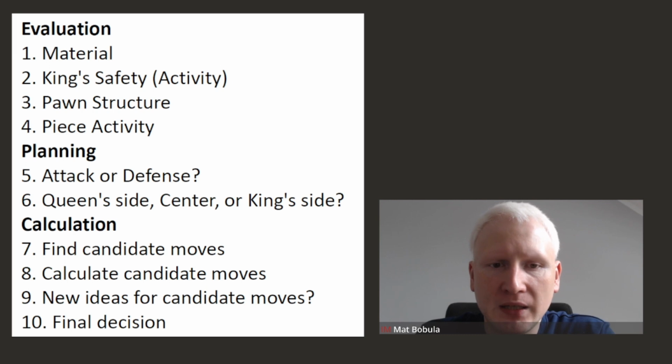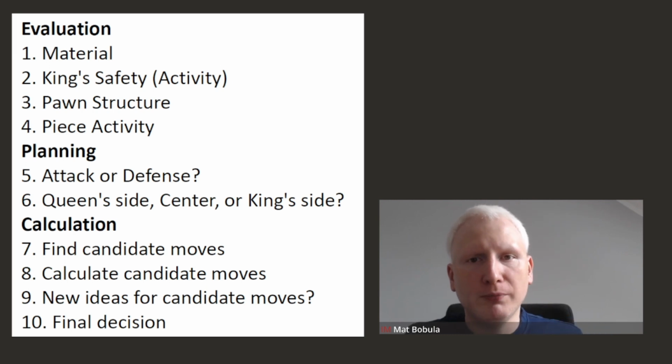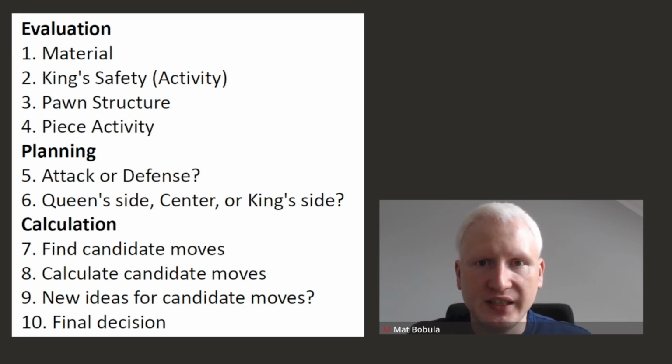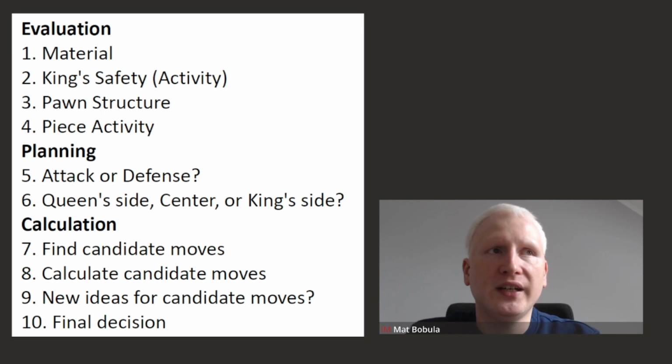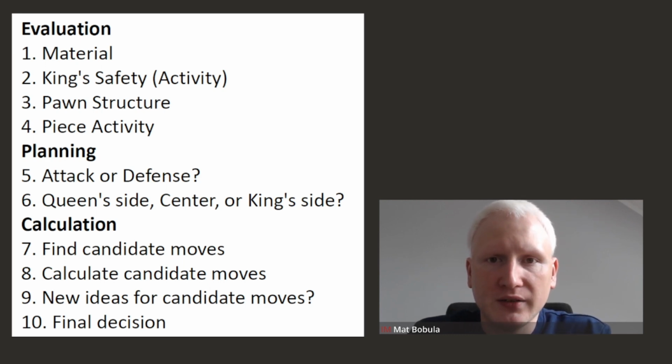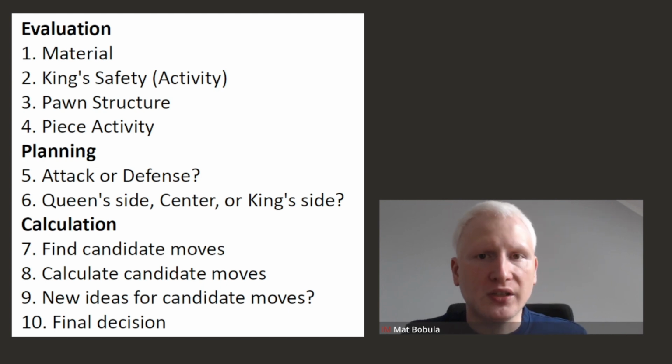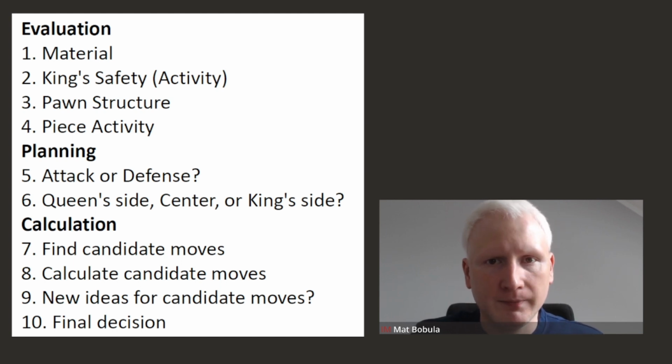Once you pick them, later you have to calculate them. So you just go move by move and you analyze what's going to happen after the first candidate move. And 2 very important things. First of all, the minimum length of that variation when you're calculating should be 1.5 moves. Of course you can go longer, but this is the minimum length. I mean that you should calculate at least your move, your opponent's move, and your move again.